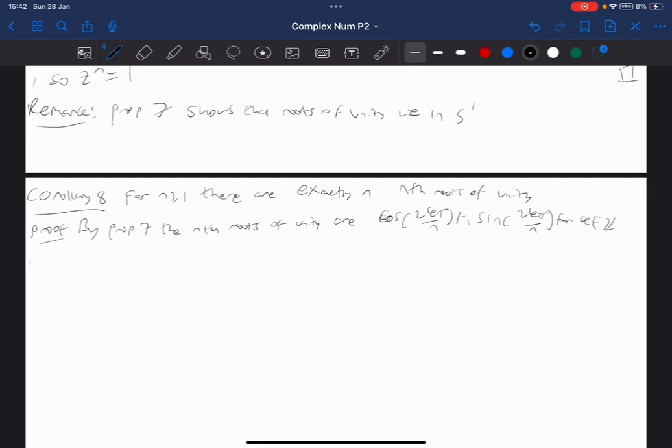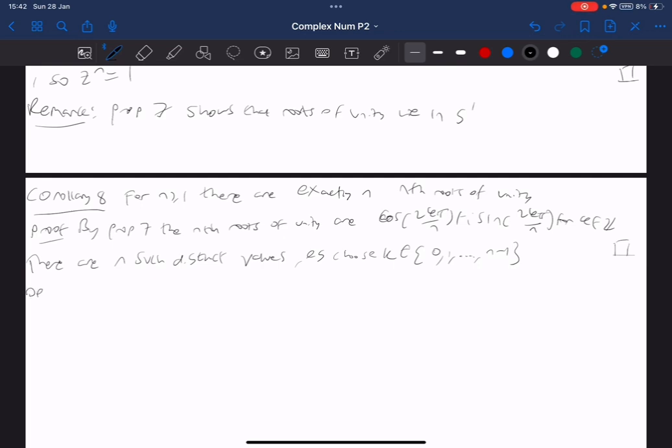And so there are n such distinct values, i.e. different values, e.g. choose k to be in the set of all 0, 1, all the way up to n minus 1, for example. And that completes the proof.